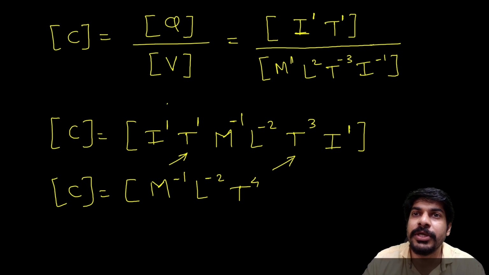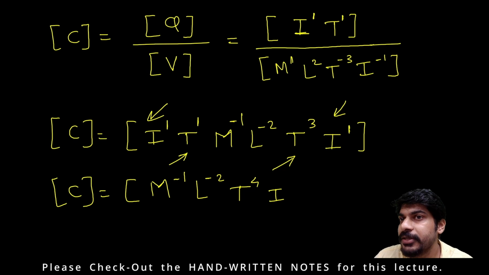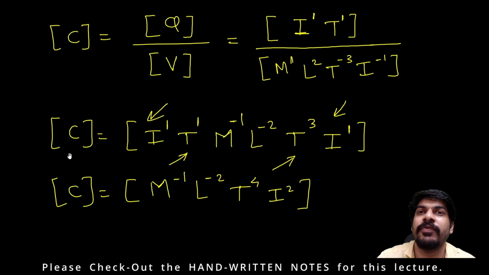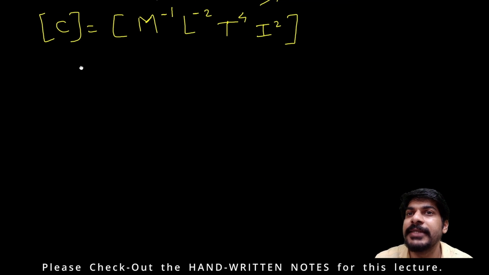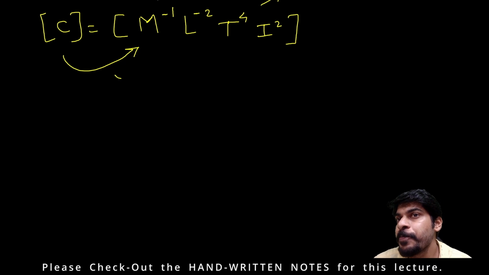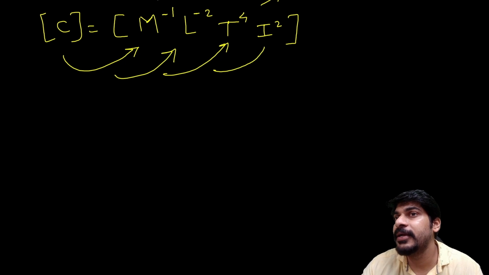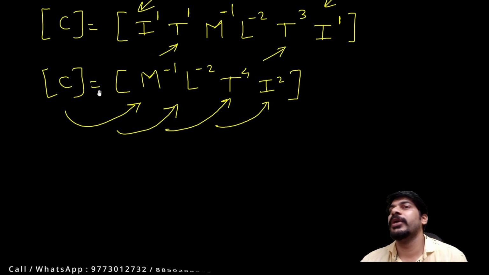You can see there are two terms, one here and here, I1, it will be I2, okay? And finally we have got our answer for the capacitance, isn't it? So we can say capacitance has dimensions minus 1 in mass, minus 2 in length, 4 in time, and 2 in current. Okay, so in this way we have got our answer.